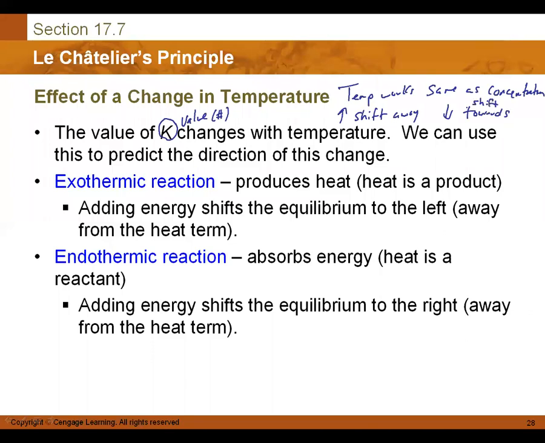So when we talk about increasing temperature, decreasing temperature is pretty much that. Either you raise the temperature, you warm it up like in a water bath or something like that, the test tubes. Or maybe you throw it in an ice bath, right? Which has ice, it cools it down. So when you increase or decrease the temperature, it will shift away just like concentration, or shift towards it.